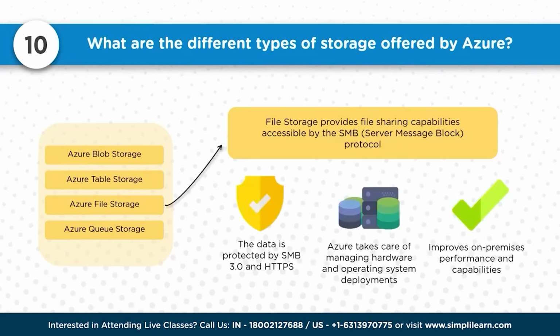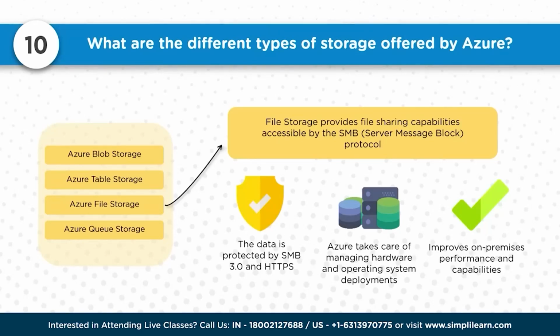Azure Files is another storage. Here it's a managed file share for cloud or on-premises deployment. So file storage provides file sharing capabilities accessible by the Server Message Block protocol, and this can be accessed from the cloud and from on-premises as well. Here in file storage, the data is protected by SMB 3.0 and HTTPS protocols.